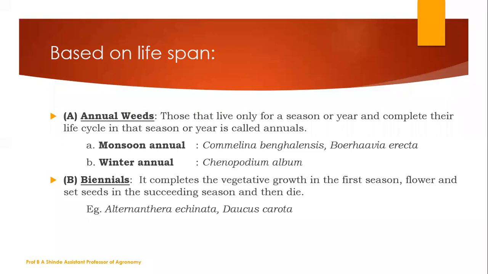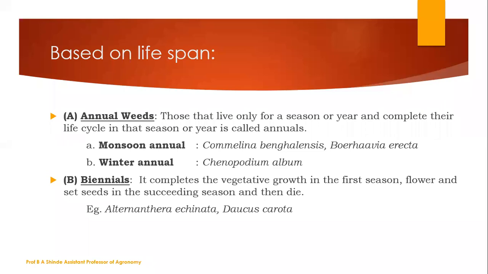The monsoon annual weeds include Commelina bengalensis. The winter annuals include Chenopodium album, that is, Chandan Batwa. You know about this: they grow in the winter season, that is, the cool season, and complete their life cycle within that season.